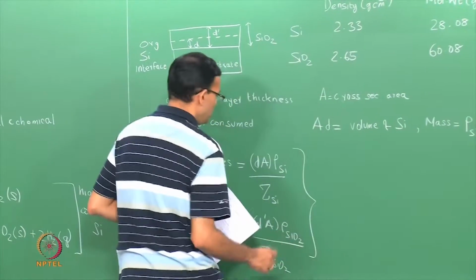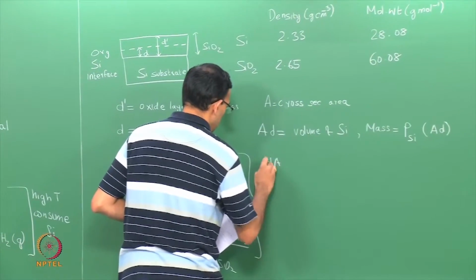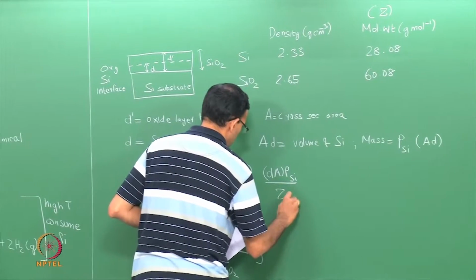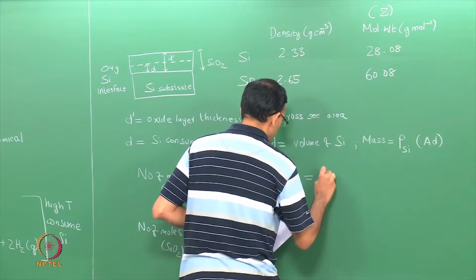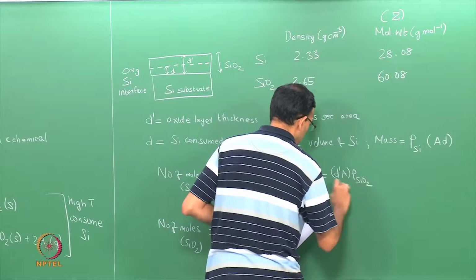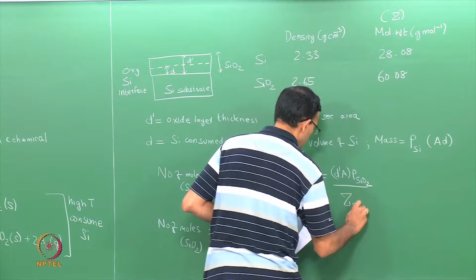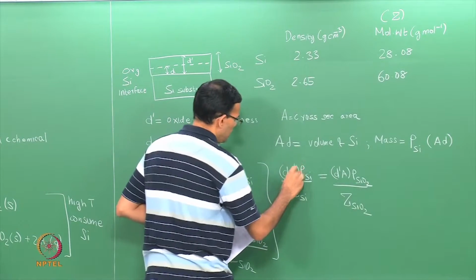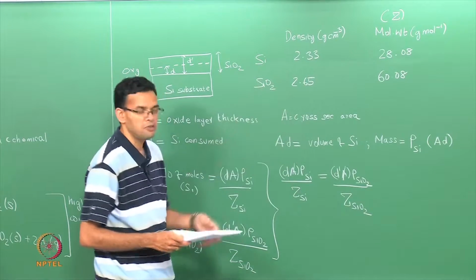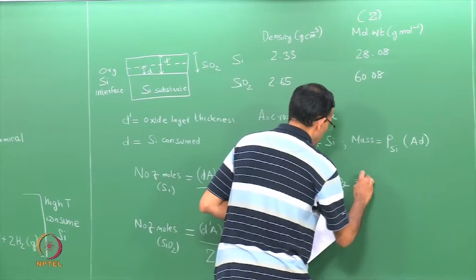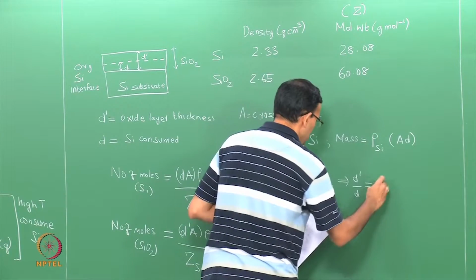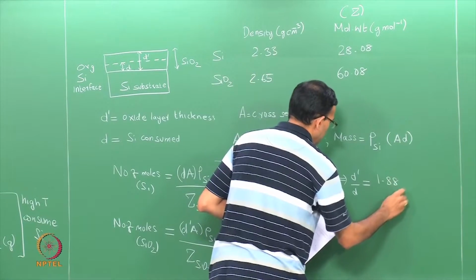So, if we equate these two, area is common, we can rearrange the other terms and substitute the values, from which we get d prime by d is nothing but 1.88.